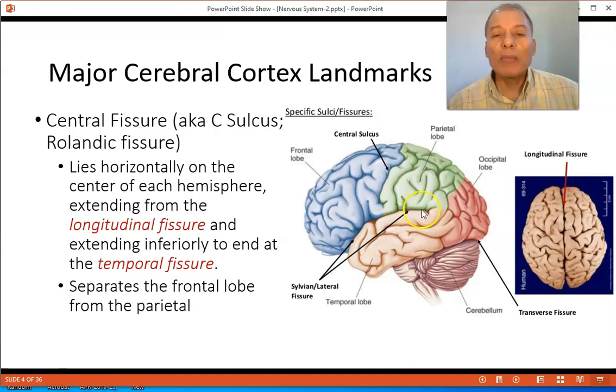One more name is the lateral fissure. All of these are names for the same groove that separates the parietal and frontal lobes from the temporal lobe.